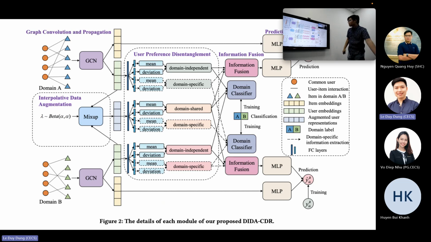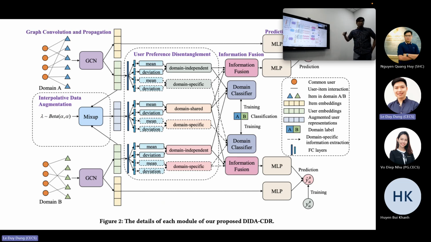What they mention in the title is here: user preference disentanglement, and the information fusion, how they fuse information together. Finally, they get the output from graph convolution and the information fusion, put them together, and use that as the prediction for both domain A and domain B.